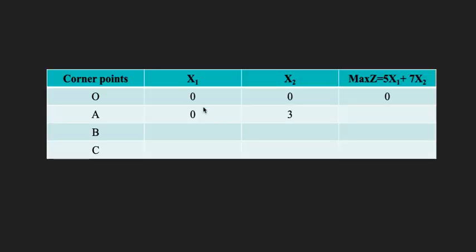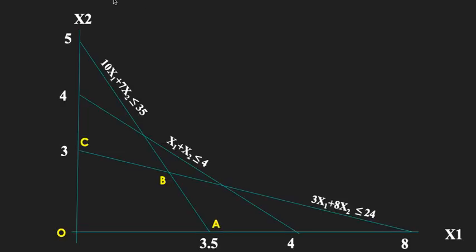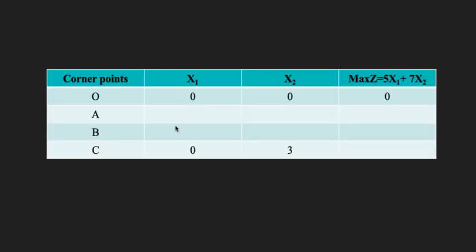At C, how much would be max z? 5 into x1, which is 0, and 7 into 3 is 21. I'm going to write down 21 in the max z column. So this is 21.